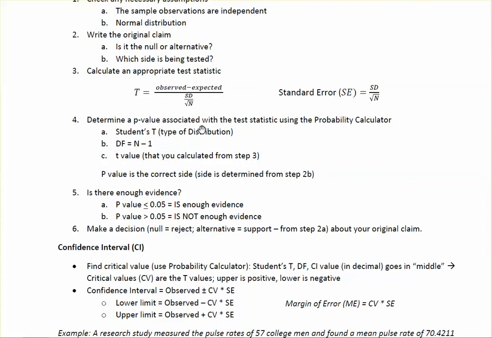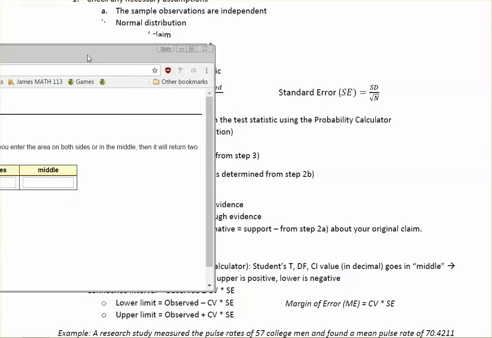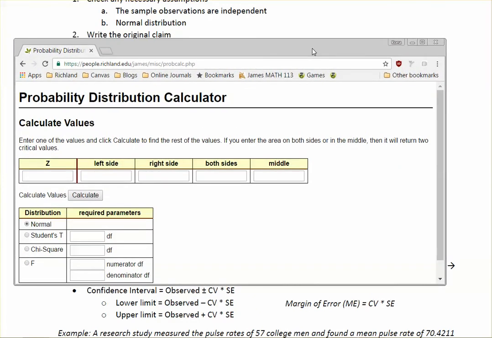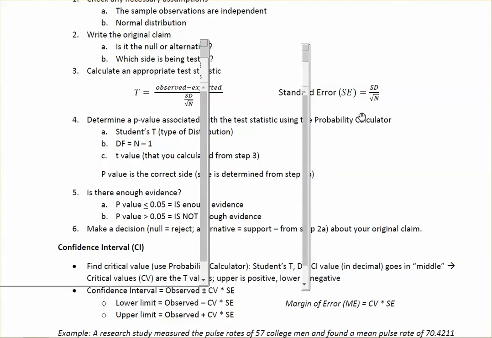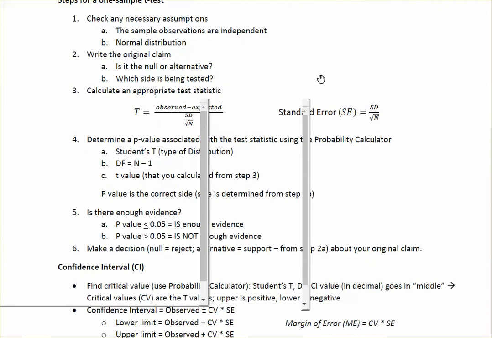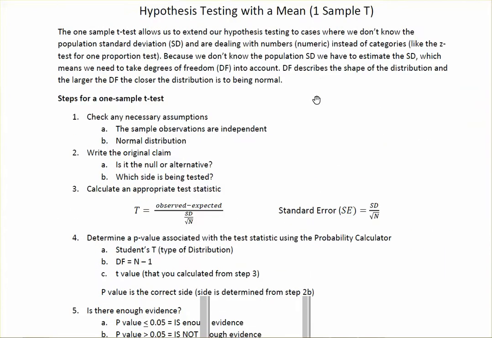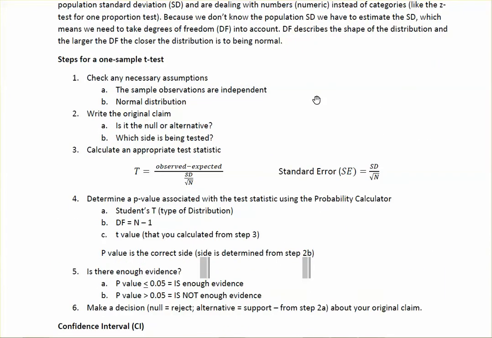We then determine a p-value associated with the test statistic using the probability calculator. You remember the probability calculator, well this time it's going to be the student's t. We enter the degrees of freedom and the t-value, click calculate, and then we pick whether it's left, right, or both sides from right there. Okay, sorry about that.